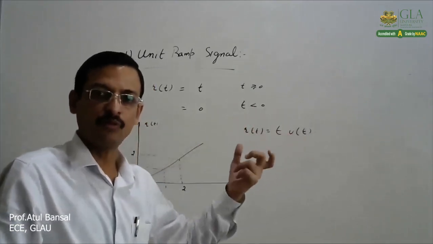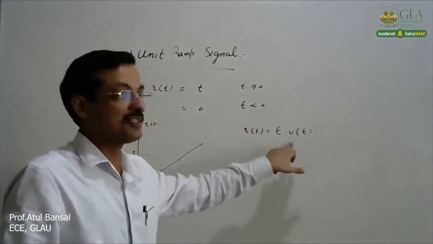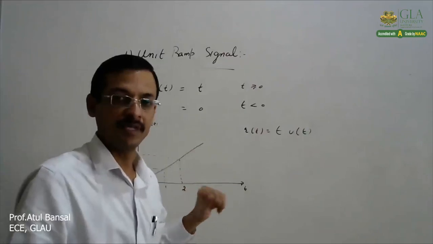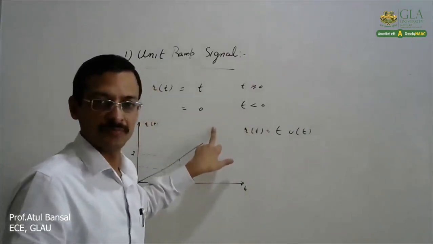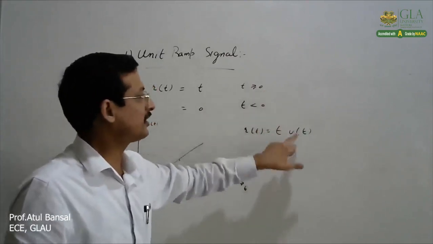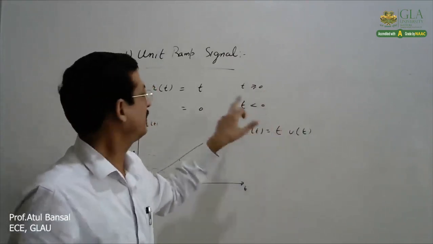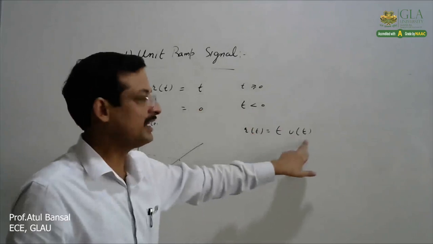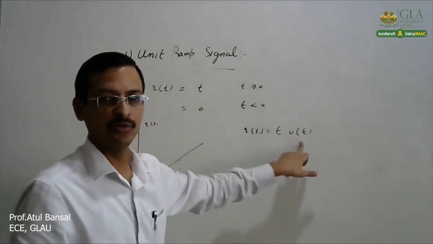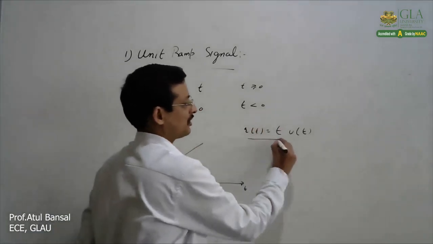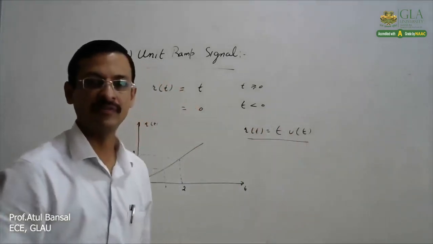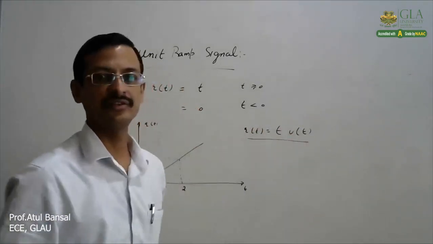But that was only for 0 to 2, whereas the unit step is from 0 to infinity. If you multiply that, we get the same expression. Because for t greater than or equal to 0, u(t) is 1, so t into 1 will be t. For t less than 0, u(t) is 0, so 0 into t will be 0. So there is a defined relationship between the ramp signal and the unit step signal.